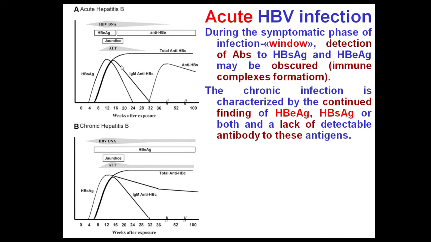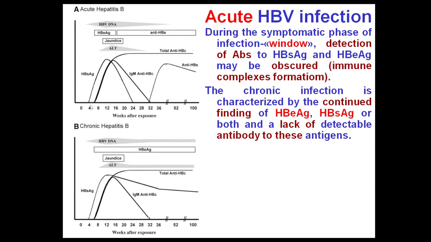But then it will be almost indistinguishable. So to identify the type and stage of the disease, we rather use the serological markers.